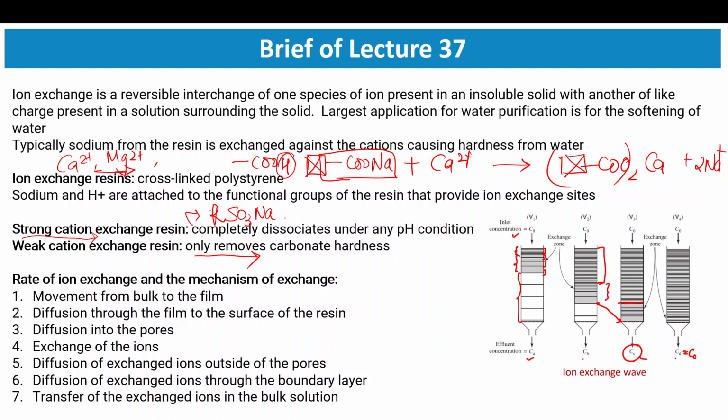So for example, weak exchange resins will only be able to remove carbonate hardness, because carbonate hardness is because of the salts which are formed by weak acid base reaction, or you can say weak acids because of carbonates, let's say H2CO3.